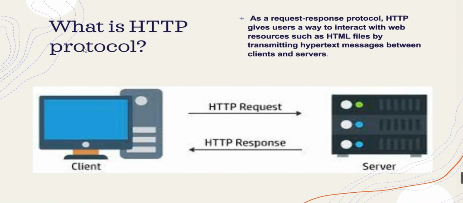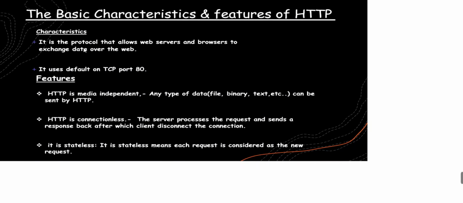Now the last thing: stateless. Stateless means each request is considered a new request. It is related to connectionless: once the request and response are completed, it disconnects the connection, and after that it needs to create a new request.